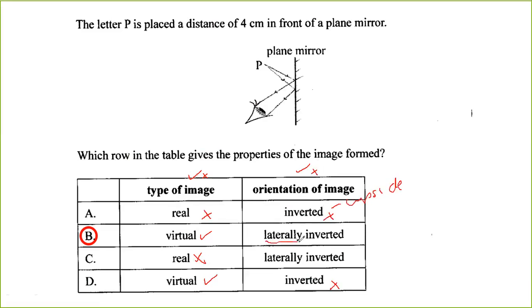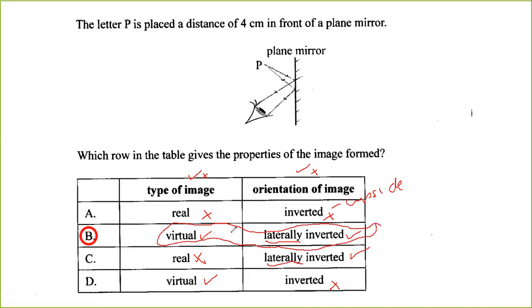Laterally inverted means left, right, reverse. That is true of plane mirror images. So what I'm going to do now is look back and see which row has two check marks, because if even one is wrong, then the whole thing is wrong. So I can clearly see my answer is B. Okay?